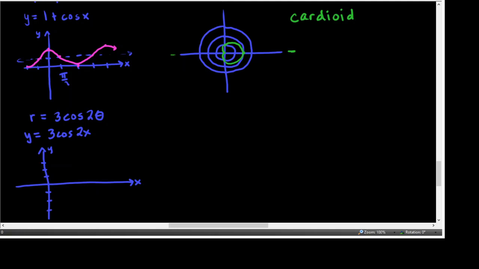The amplitude is 3. This time the period is 2 pi divided by 2, which is pi. And then the period divided by 4 is pi over 4. So I'm going to make a mark every pi over 4 on the x-axis. It's the first time we've done that in this lesson, changing it from pi over 2 to something else. So each mark here is a pi over 4 mark.